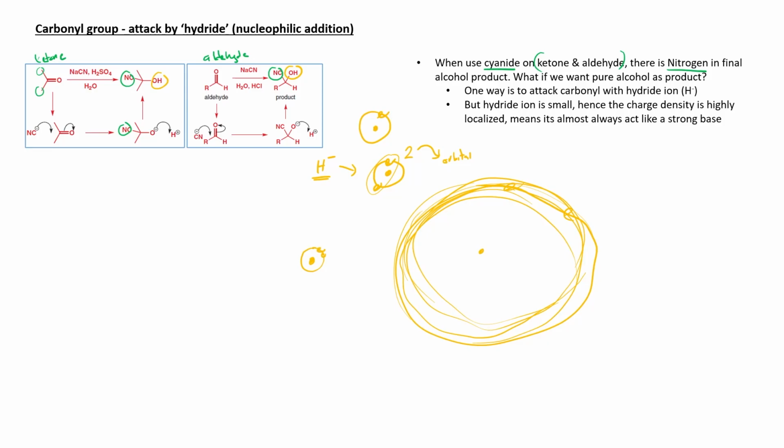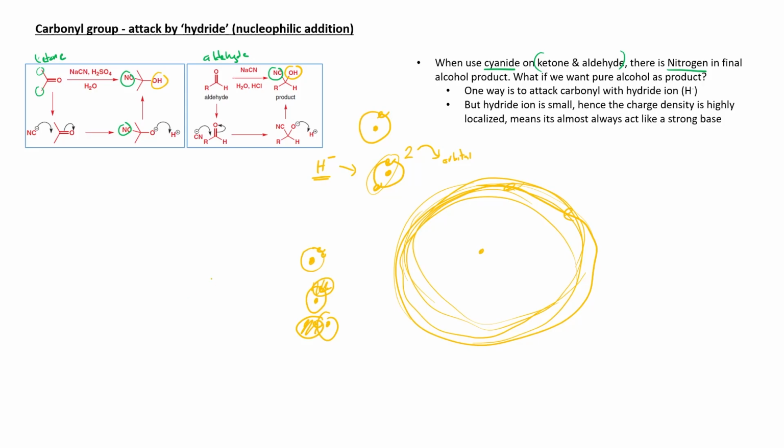It's localized. It has high density. For example, if the electron is here, the charge density is bigger here. And if the electron moves to here, the charge density is bigger here. So we call it localized. It's not smeared around. It's not distributed.